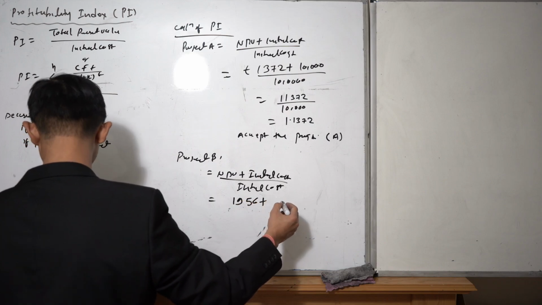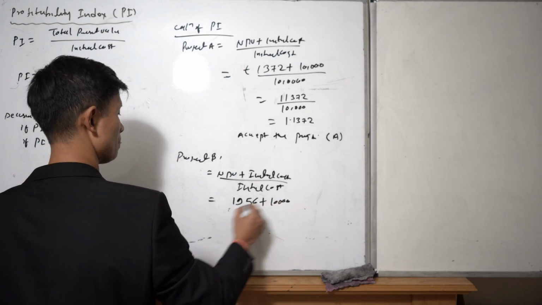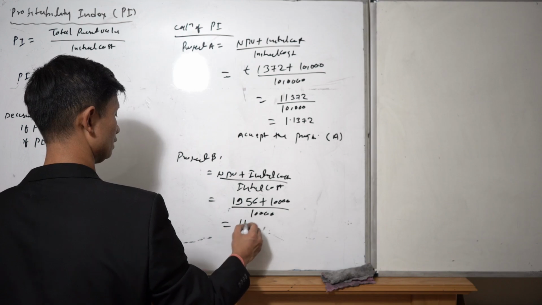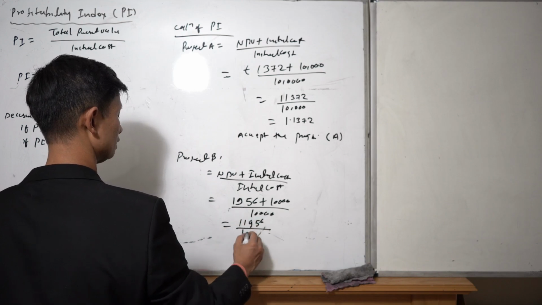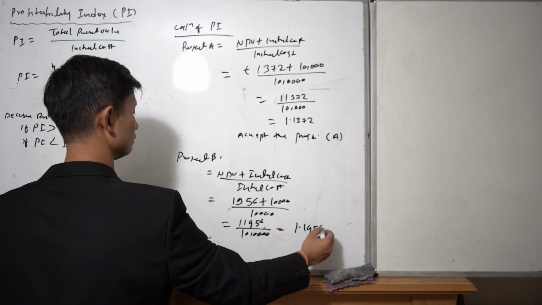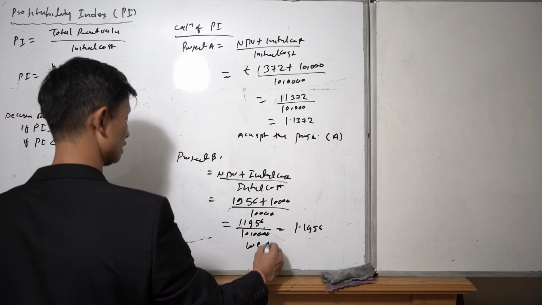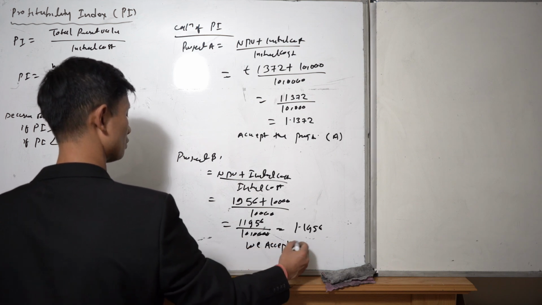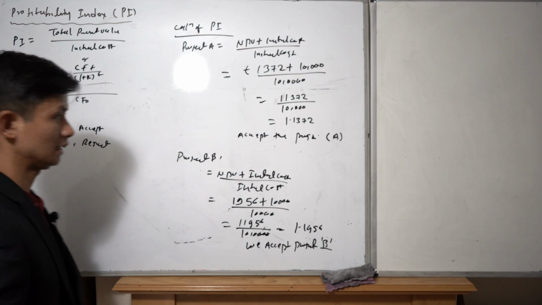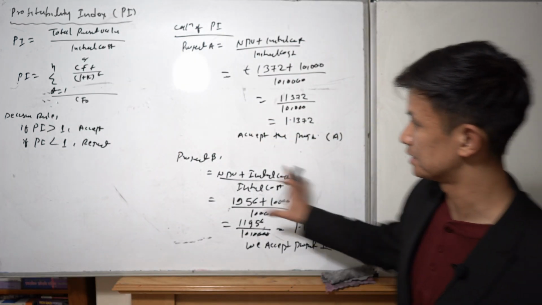The initial cost is obviously 10,000 pounds. So 11,956 divided by 10,000. You get 1.1956. This is also greater than 1, so we accept project B as well. So we accept both projects A and B because the value of profitability index is greater than 1.